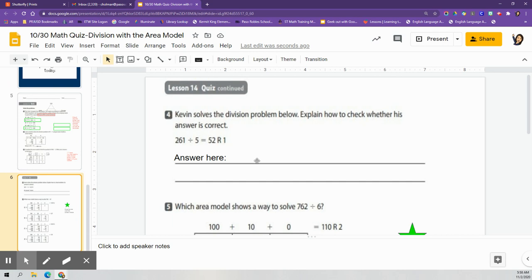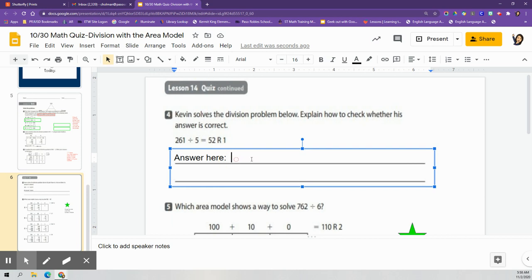And the correct answer, and I saw a lot of really great correct answers using academic vocabulary to explain, is Kevin needs to multiply his quotient 52, right, by the divisor 5 to check his work.